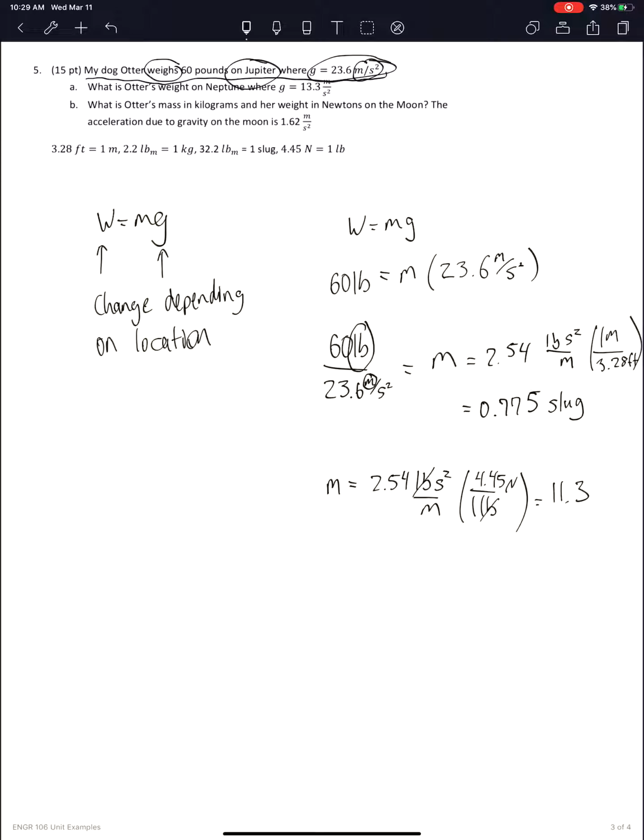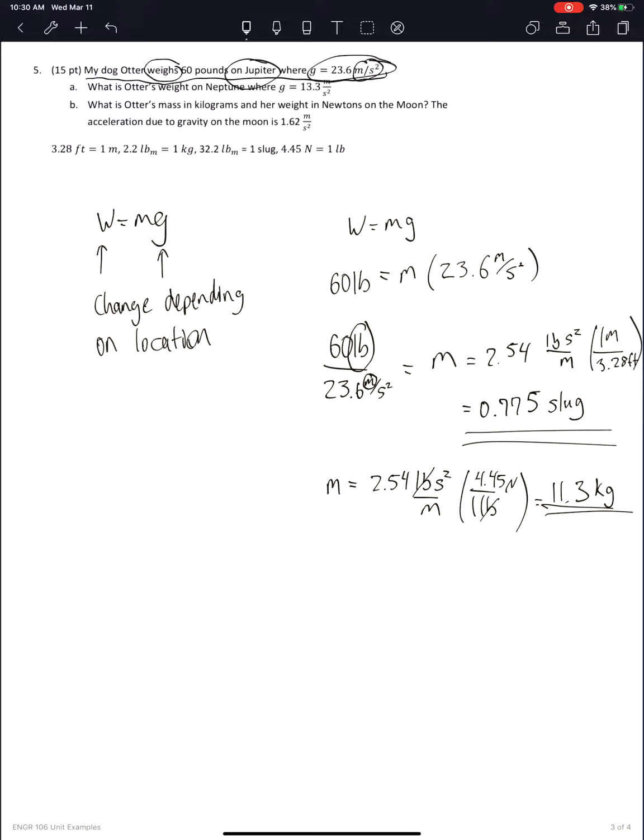Well, I've converted to standard metric units, so this is going to be the standard metric unit for mass, which is the kilogram. These are my two results. They are equivalent to each other, and it's just true that 0.775 slugs is equal to 11.3 kilograms. That is true. Either one of these approaches is perfectly fine. Convert to US units and get the standard mass unit of slug. Convert to metric units and get the metric unit of mass, which is the kilogram.